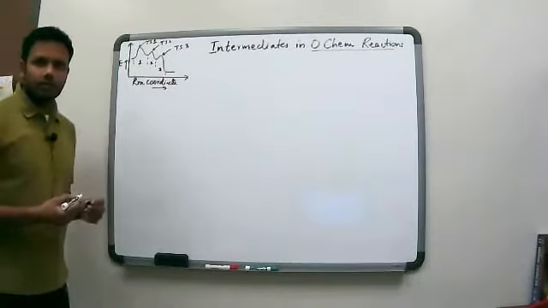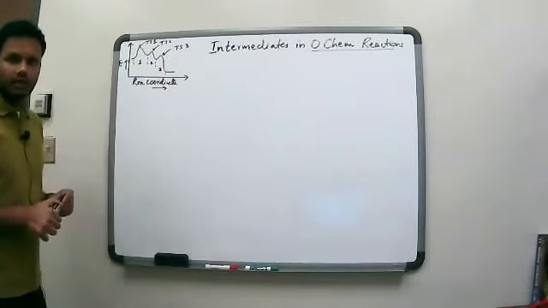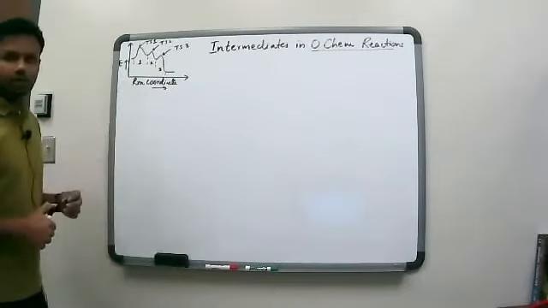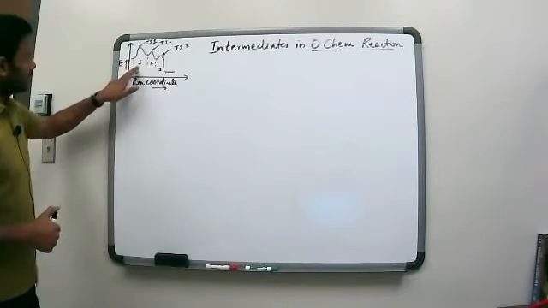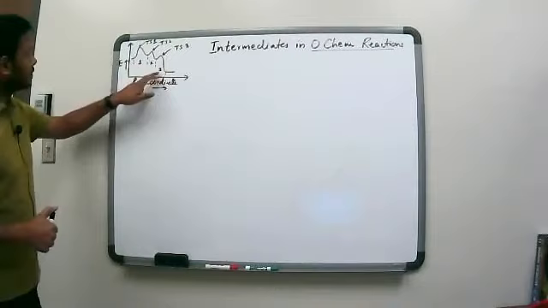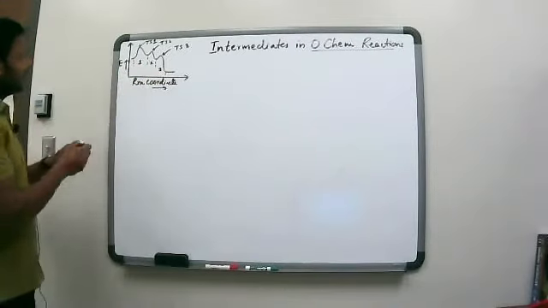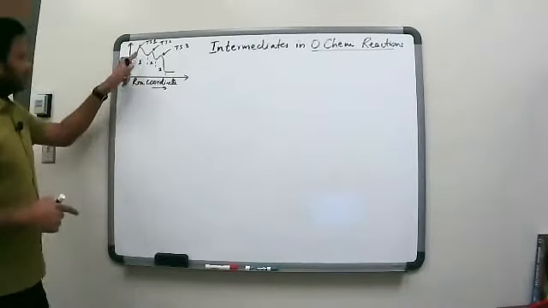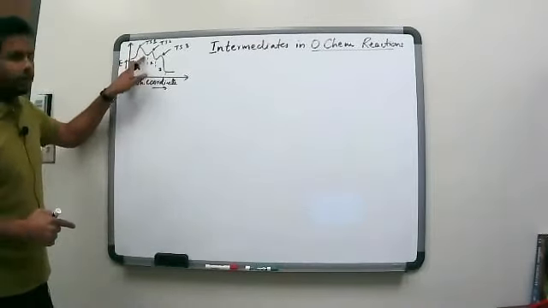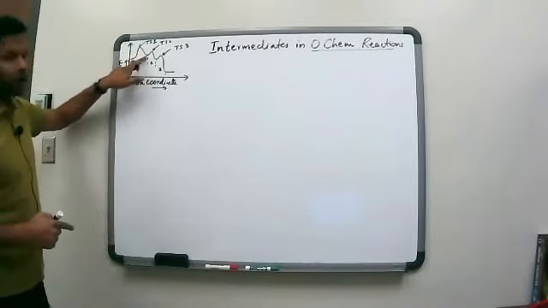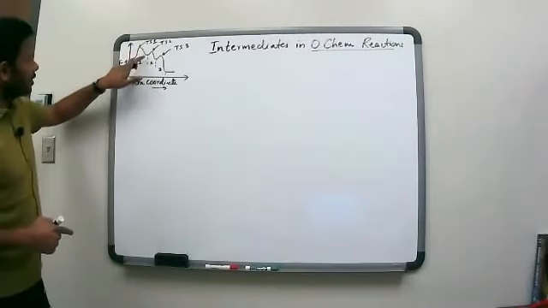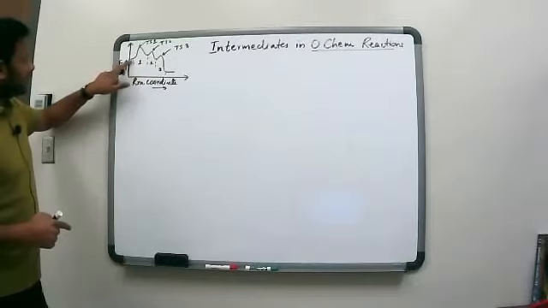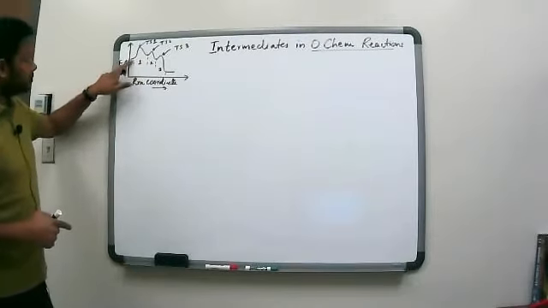There's a lot of information that we can gather from this reaction profile diagram. We can tell that this is a 3-step reaction. Based on the energies, the first step is endothermic, because the energy of the product from the first step is higher than the energy of the reactant.